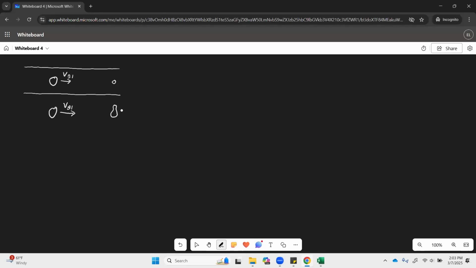So then the pin is going to go off with some speed of VP2. And then the bowling ball is also going to be going forward, some speed VB2.